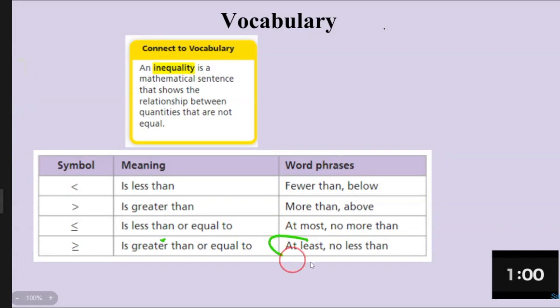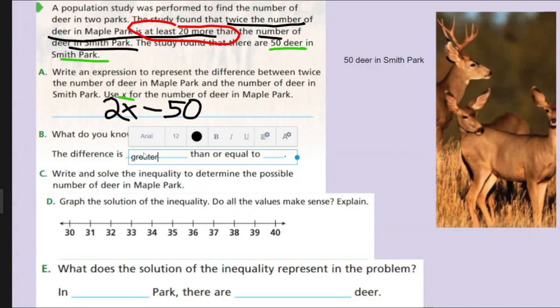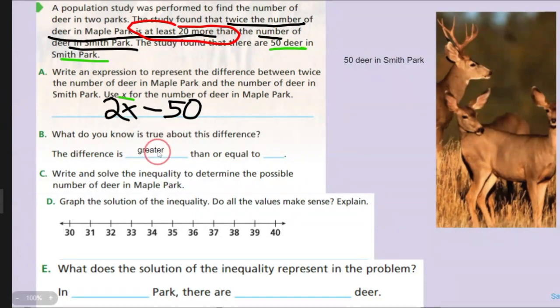when we see that phrase, this means that we can use the greater than or equal to symbol. Okay, so we know that the difference is greater than or equal to 20.